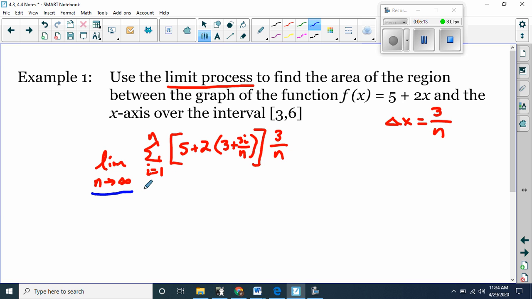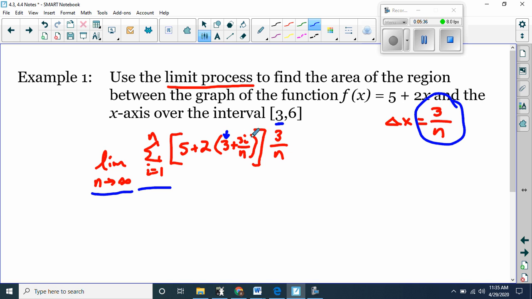All right, so again, these numbers come from, this will always be there. Limit as n approaches infinity, this will always be the same. Inside my brackets here, that is the f of x, the function, 5 plus 2x. Our x value starts at 3, so that's why this 3 is right there, and then goes up by delta x over and over again.